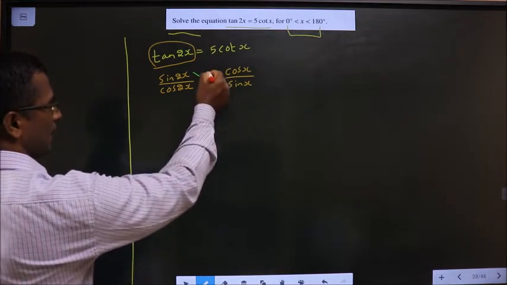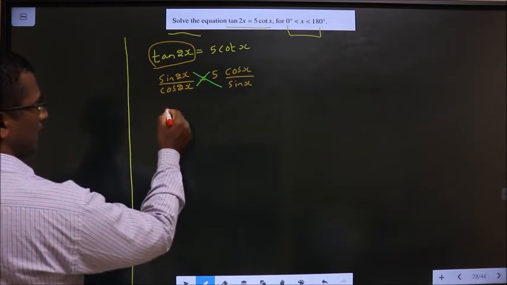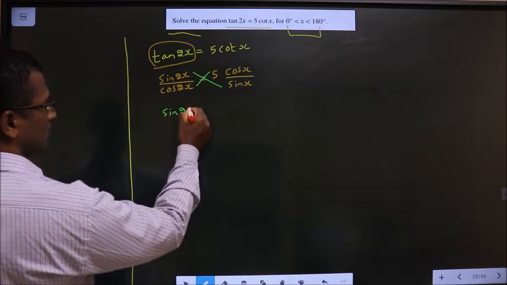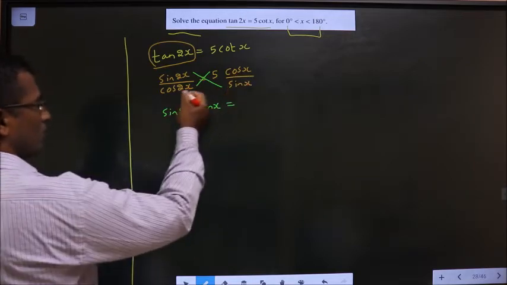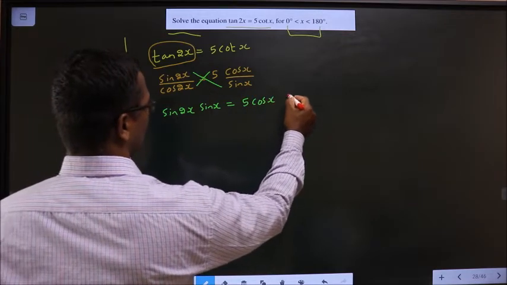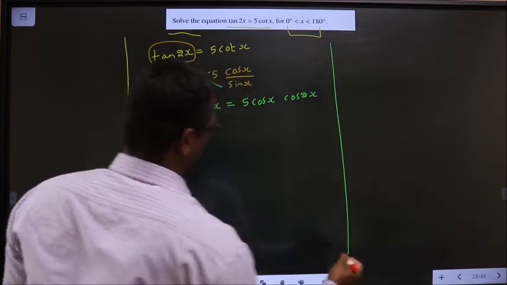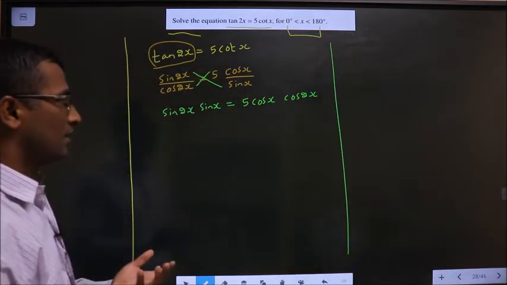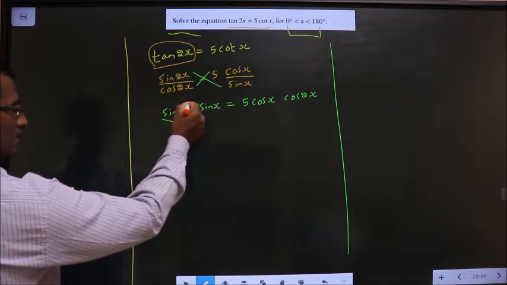Next, now do cross multiplication. This into this and this into this. So here sin 2x times sin x equal to 5 cos x times cos 2x. Clear? Next. To simplify, I should make use of the formula for sin 2x.